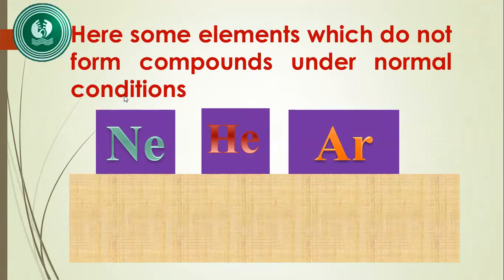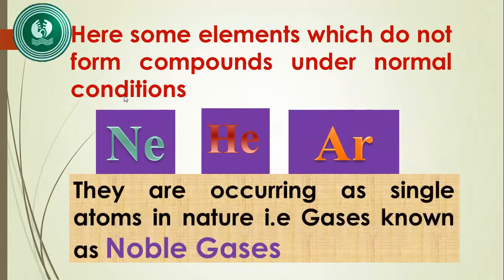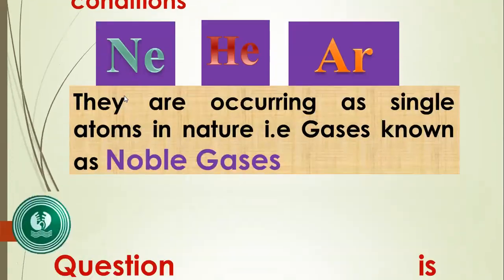Under normal conditions, they do not form compounds. They occur as single atoms in nature, in gaseous form. We call these gases noble gases. Why is that? We will see.